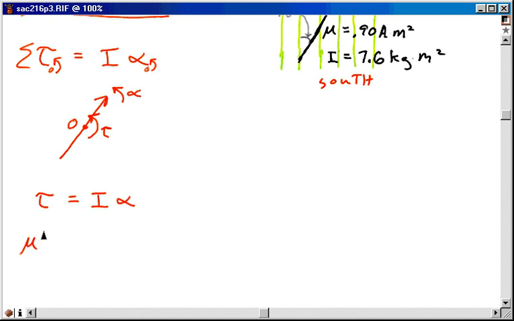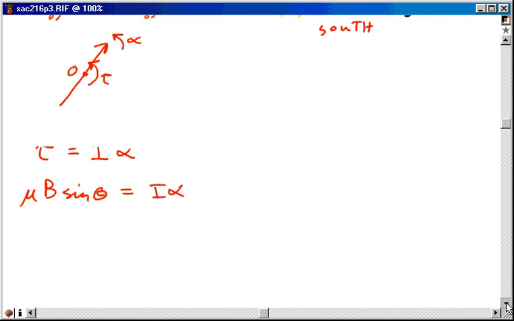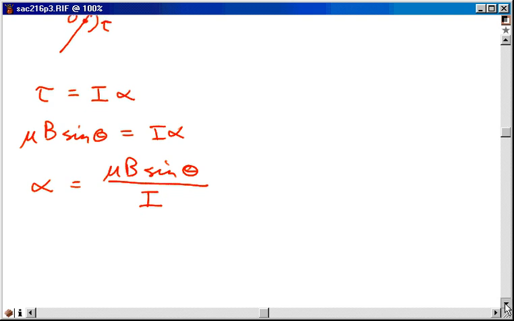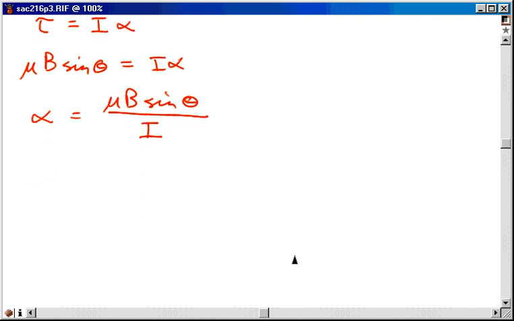So I'll go ahead and make that substitution, and then I'm in a position to solve for alpha. So alpha is mu B sine of theta divided by the moment of inertia of the object. Remember, that's the inherent resistance to a change in how fast it's spinning.